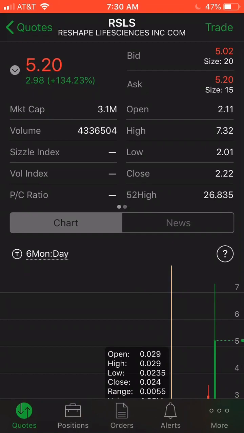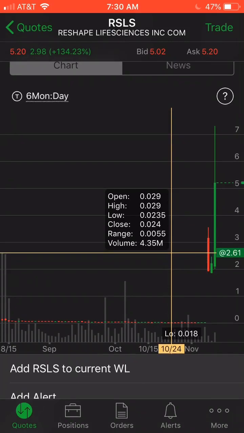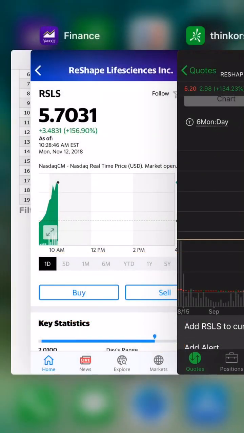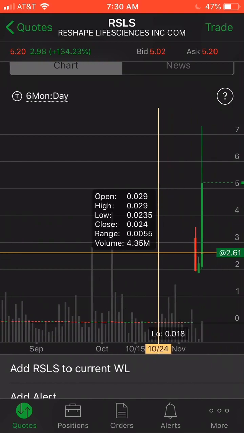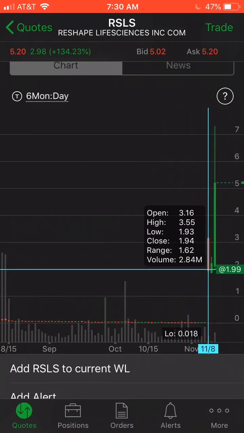Because if a NASDAQ stock stays under $1 for so long, it'll turn into an OTC or over-the-counter stock. It won't be considered a listed stock anymore. So let me see if they did some kind of reverse split on 11/8.